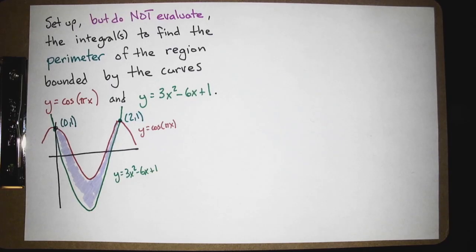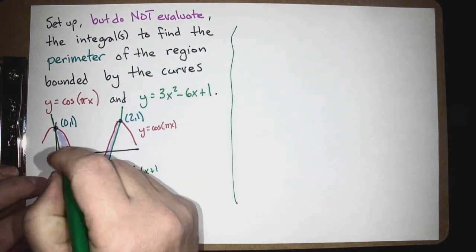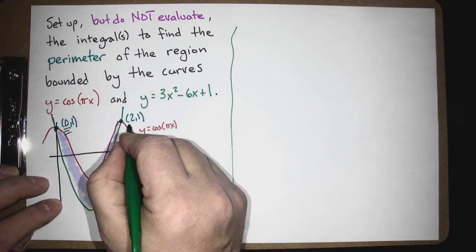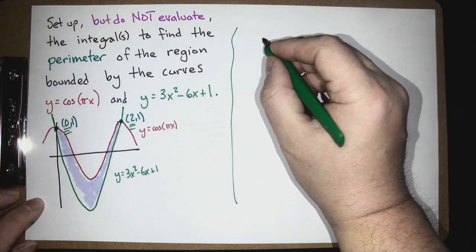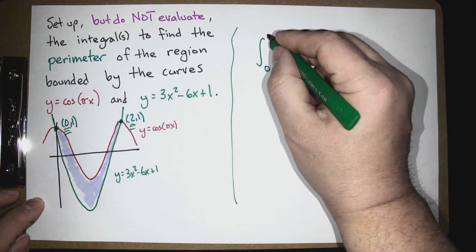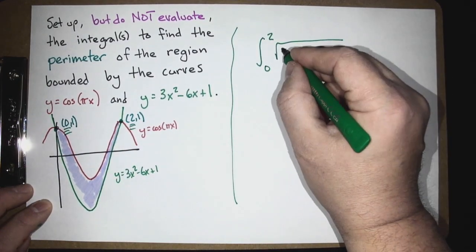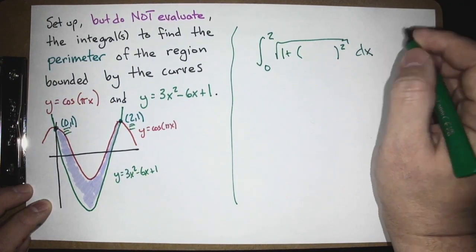All right, which one do you want to do first? The parabola or the cosine? Parabola. All right. So notice we have the bounds, and we're going to use our x bounds because they're giving us x functions. So for the parabola, we go from 0 to 2, square root of 1 plus something squared dx.